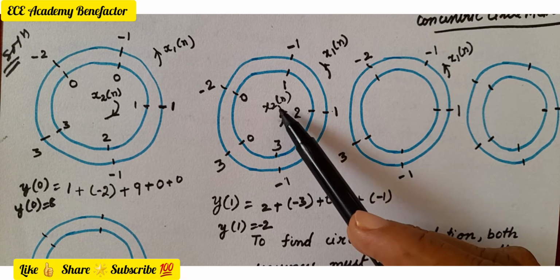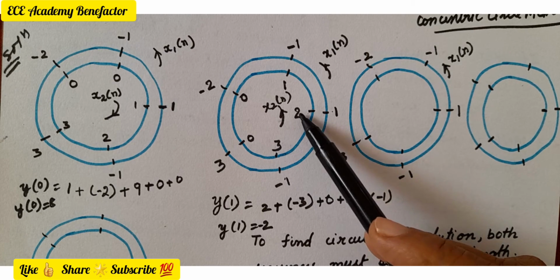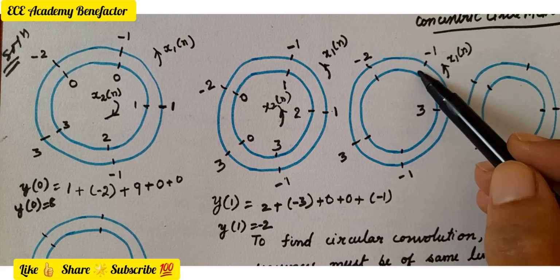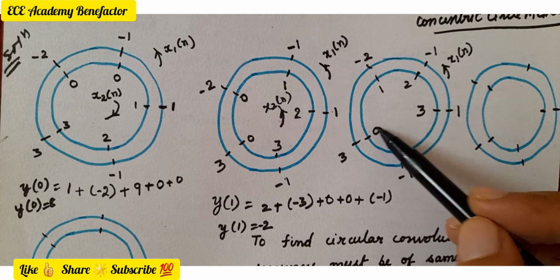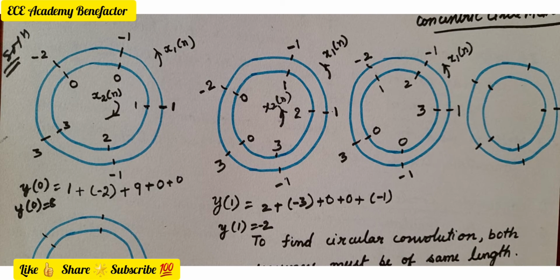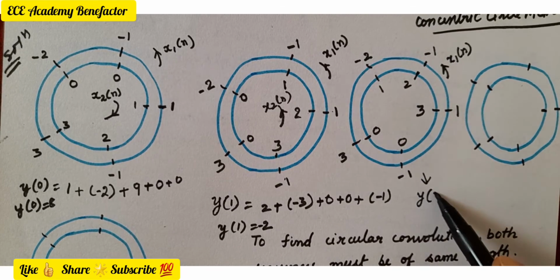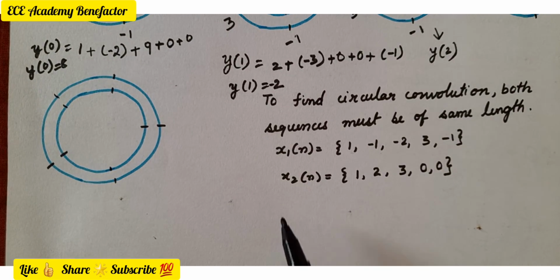Now rotate the inner circle one more step anti-clockwise, so 3 will come to this point, then 2, 1, 0, 0. From this circle, we will find y of 2. So let me solve y of 2 here.